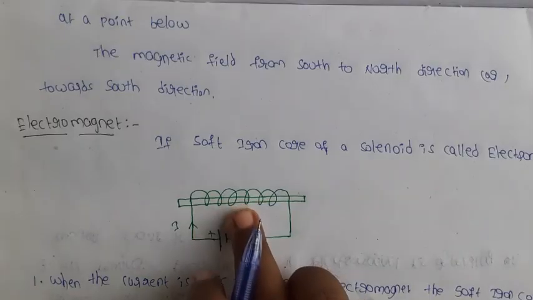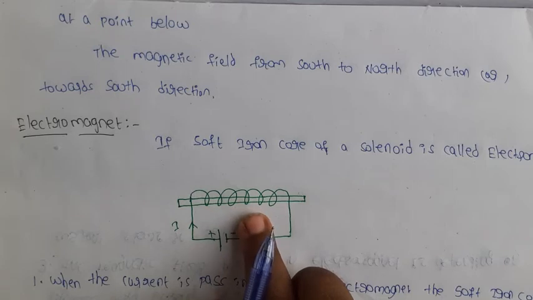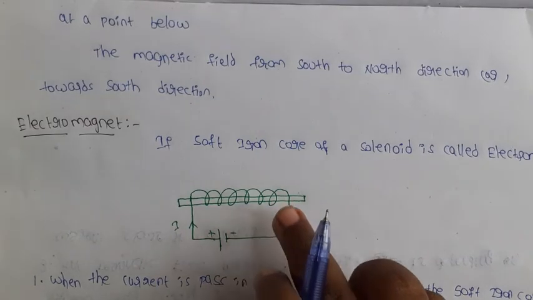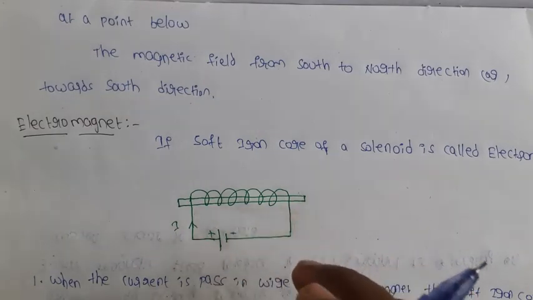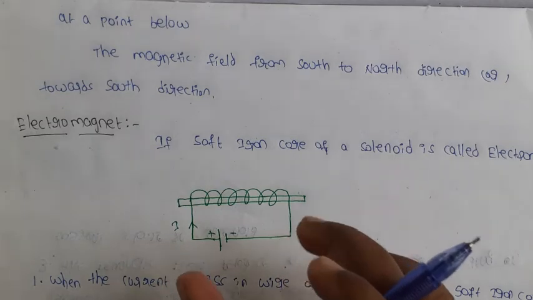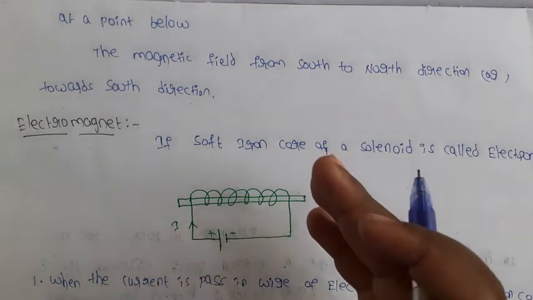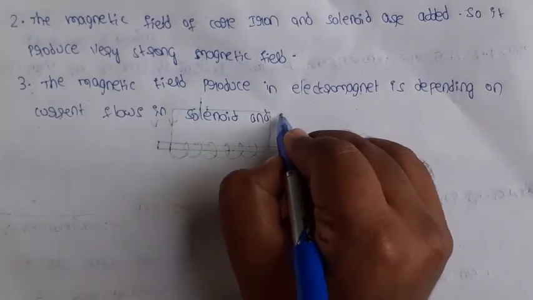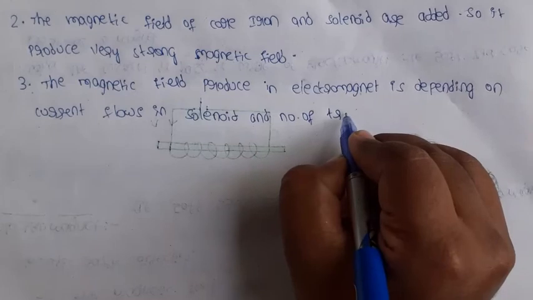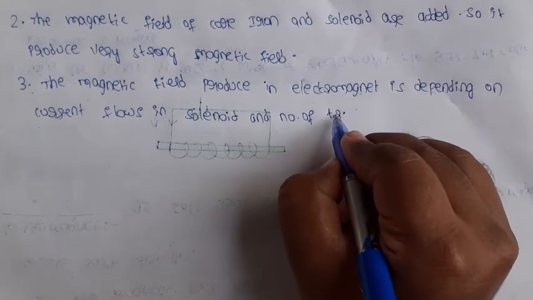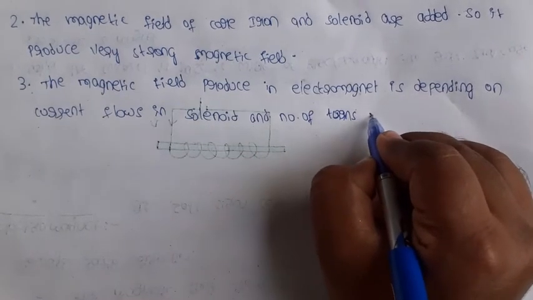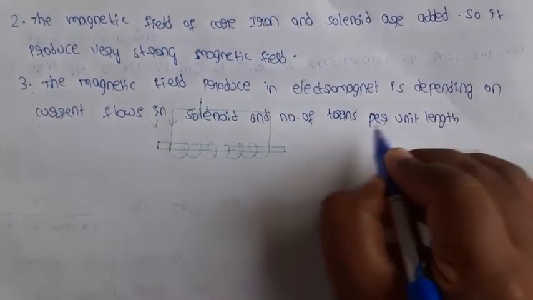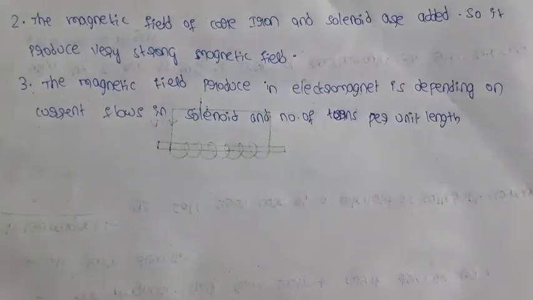This solenoid depends on the number of turns per unit length. If number of turns per unit length increases, then strength of the solenoid also increases. Number of turns per unit length.